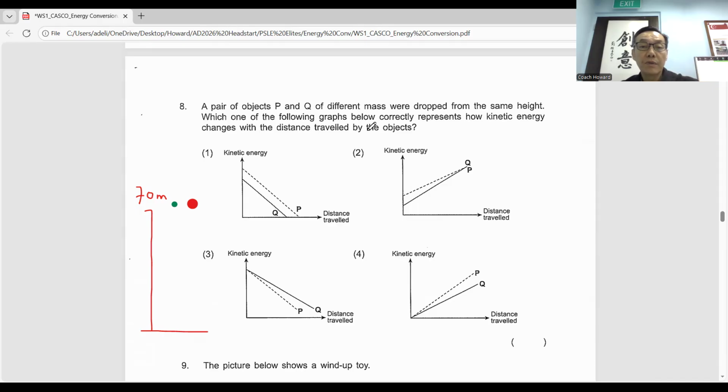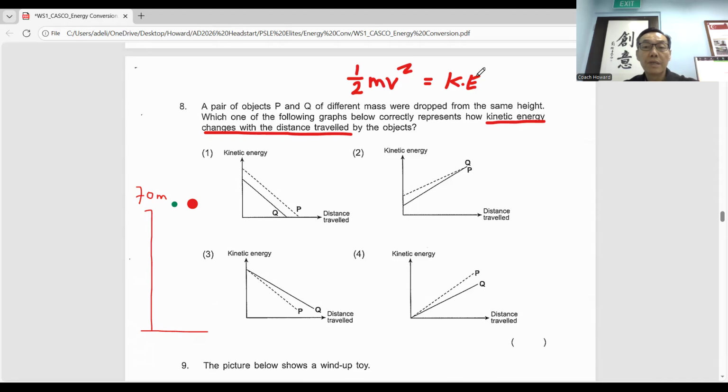They ask which of the following graphs correctly represents how kinetic energy changes with the distance traveled. Earlier, remember I told you this formula, although it's not tested in PSLE: half mv squared is equal to the kinetic energy.